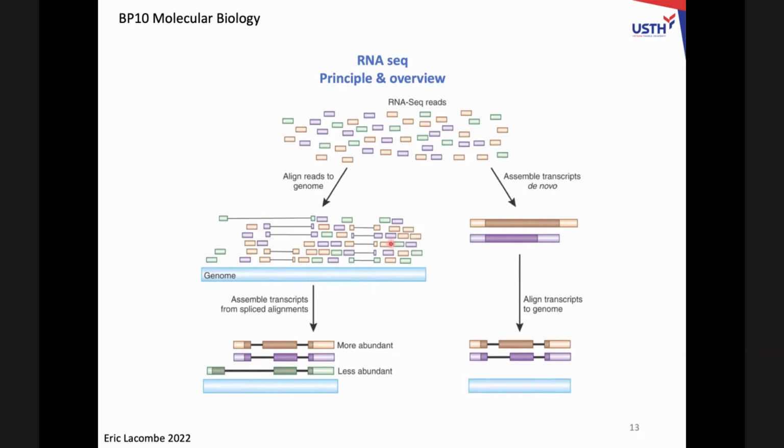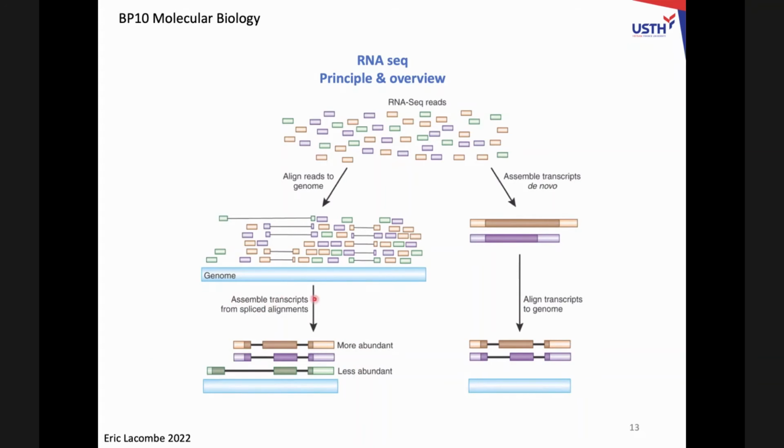The same for the purple one and the same for the brownish one. So from that, you can reconstruct which pieces go with the others, based on the comparison with the genomic sequence and the amount of redundancy between the sequences. And at the end, you will end up with something very interesting.